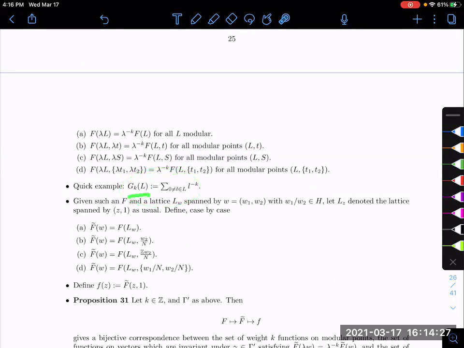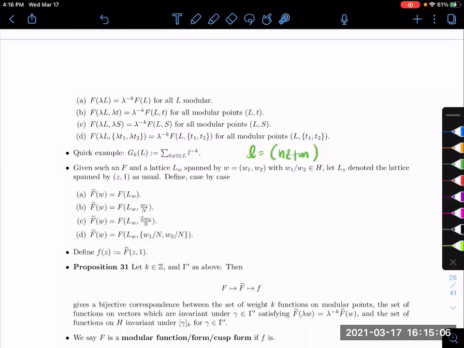You can view the Eisenstein series as a function of L by just considering it as the sum over all the non-zero lattice points of L to the negative k, which is the same definition we had for the Eisenstein series before, but we weren't focusing on the lattice the points came from, in as much as we were writing those points as like nz, or like nz plus m, and focusing on g as a function of z. Here we're just focusing on it as a function of L. So you can change the lattice, you'll get a different Eisenstein series, is really what I'm saying.